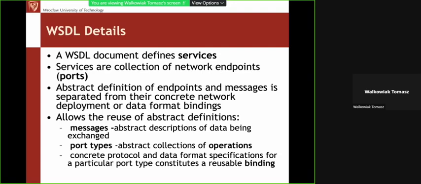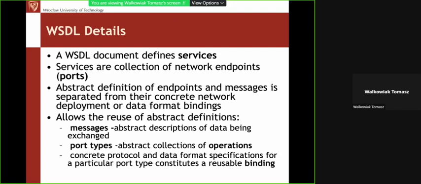And port types are collections of operations, because on the endpoints, as you will notice next week when going through examples in real programming languages, endpoints are, at the end, some methods. So some operations to be done on the servers.